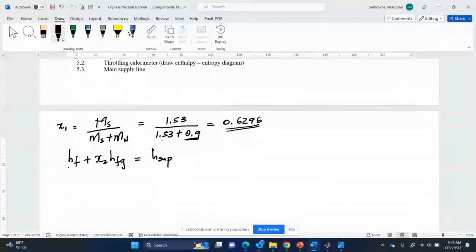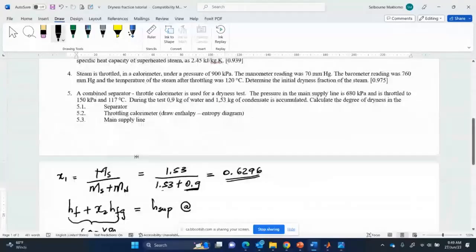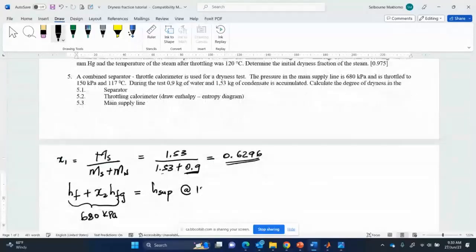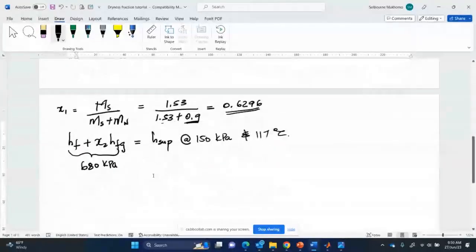So HF and HFG at 680 kPa, and H sub g at the temperature and pressure 150 kPa and 117 degrees Celsius. Let's first start with H sub g from the Mollier diagram at 150 and 170.